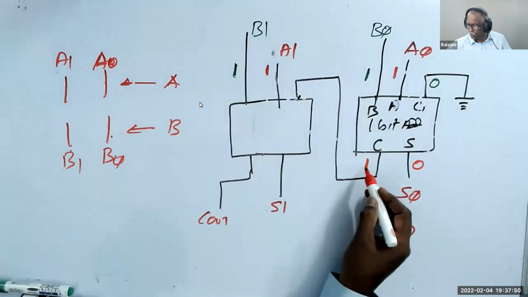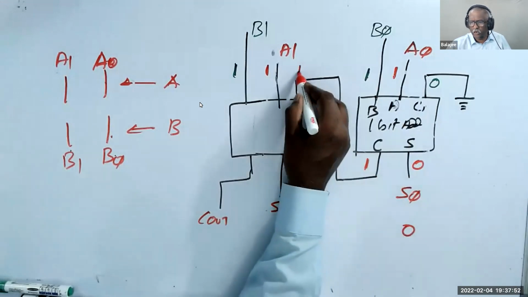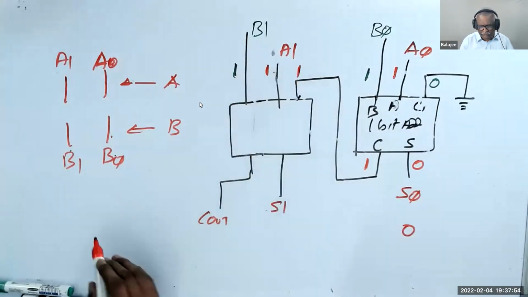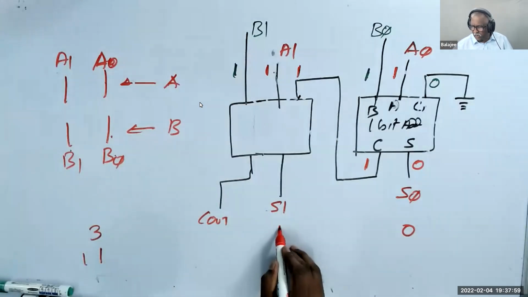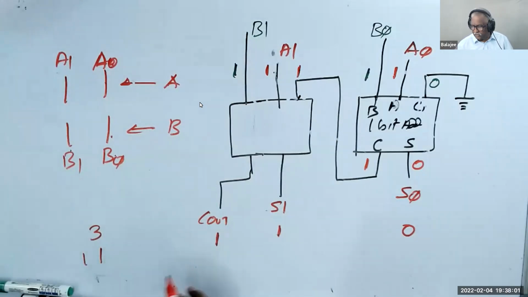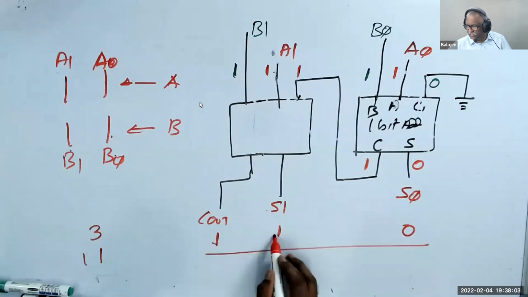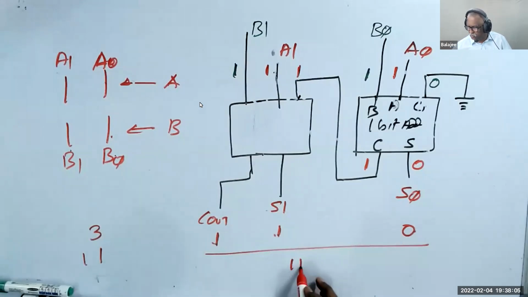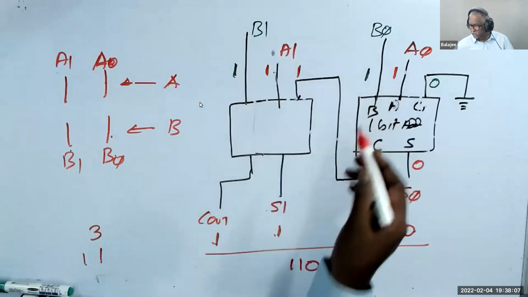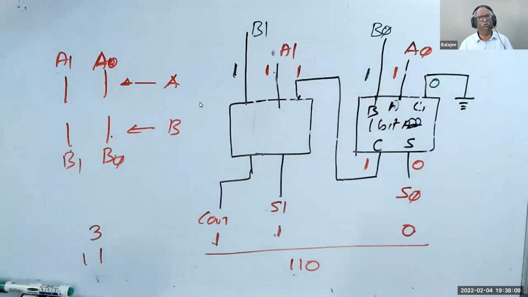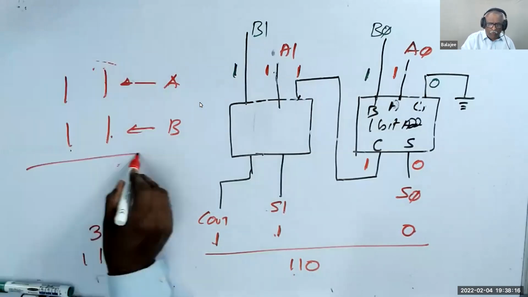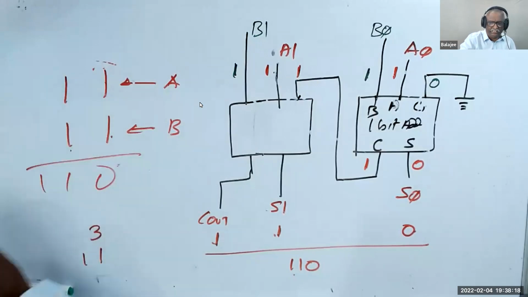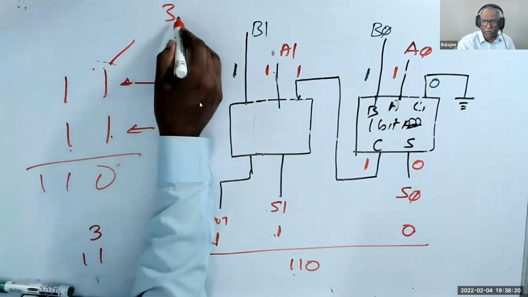Now the 1 goes here. Now adding 1 plus 1 plus 1, that is 3, that is 1 1. So sum gets 1 and carry out gets 1. The result is 1 1 0. If you give 1 1 and 1 1, the result is 1 1 0. This is 6 in decimal: 3 plus 3 is 6.